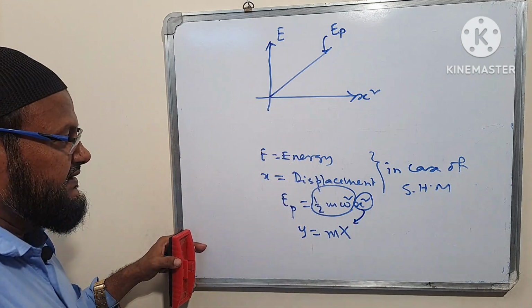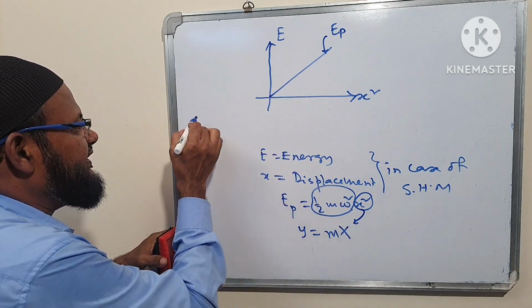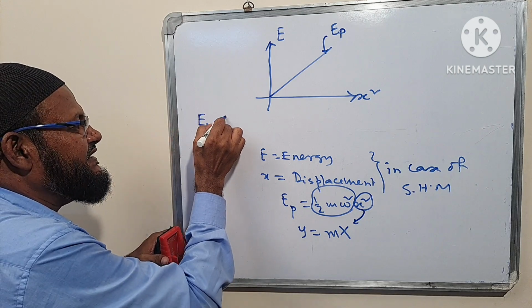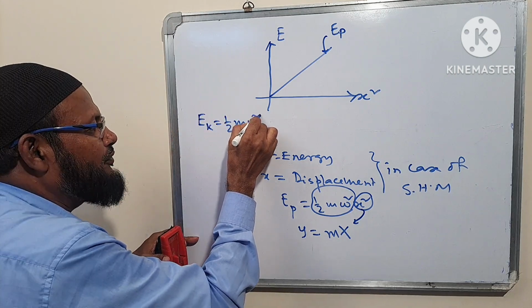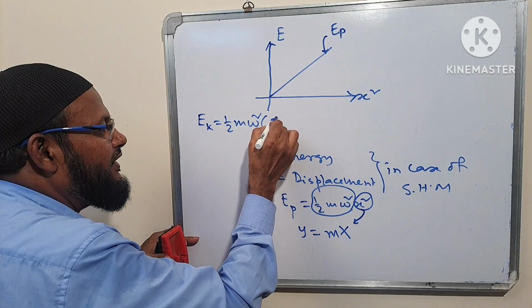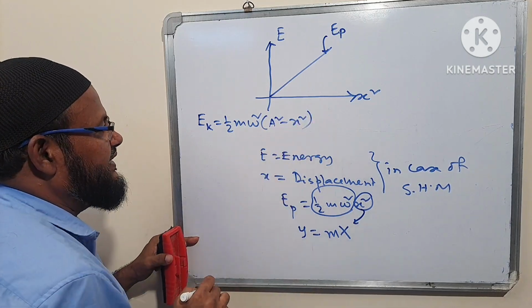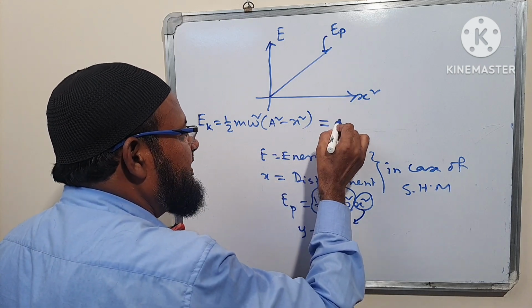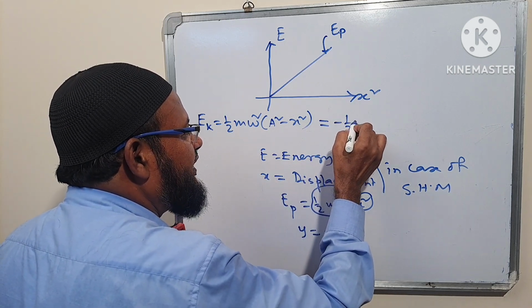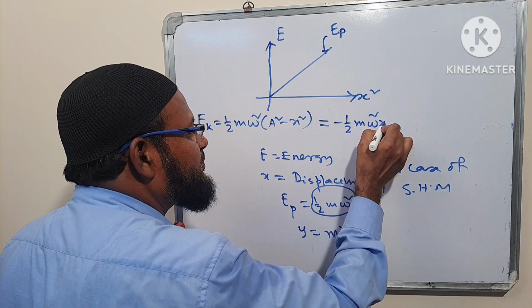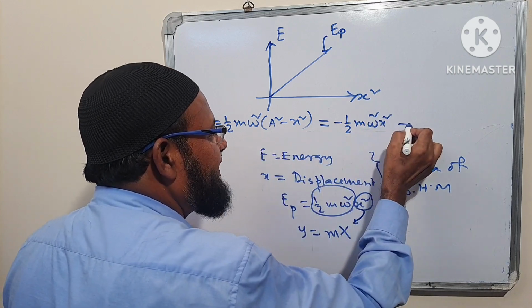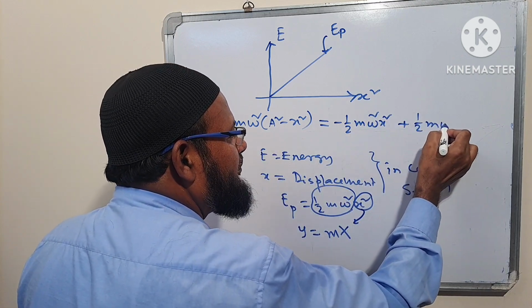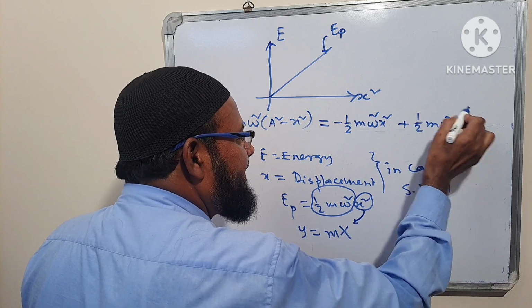Now in case of kinetic energy, this is Ek, half m omega square times (a square minus x square). This can be written as minus half m omega square x square plus half m omega square a square.